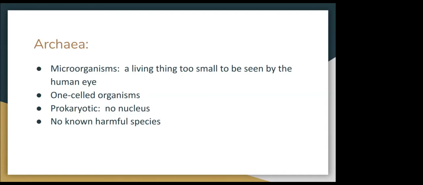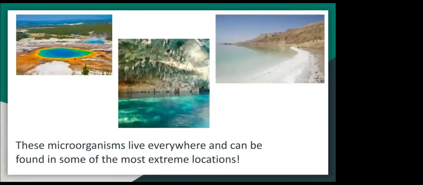But they are found in the most random places, everywhere, on your books, in your body, everywhere. But some really cool places are some really extreme places, such as in this far left picture, we have a picture of Yellowstone with the volcanic hot springs.